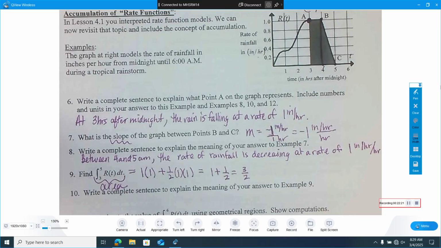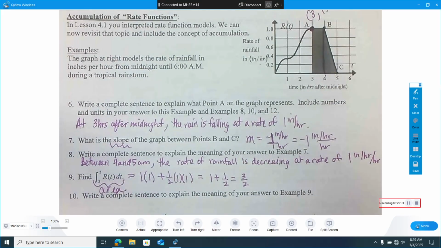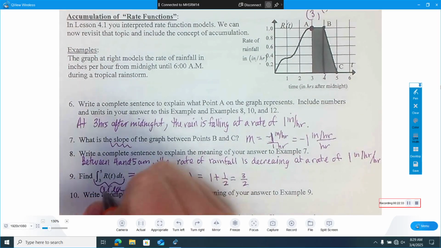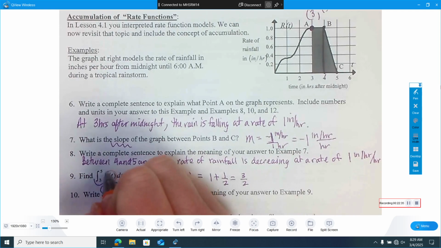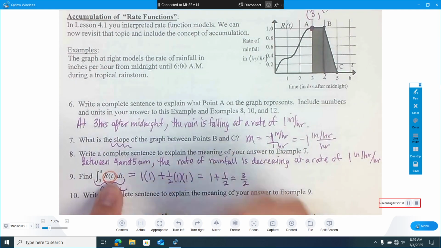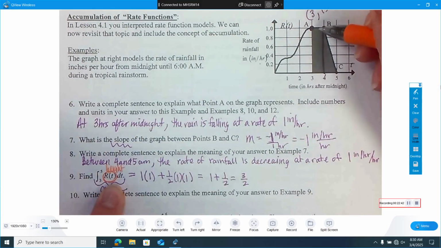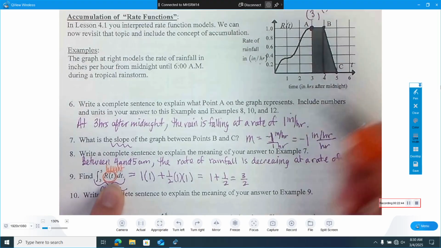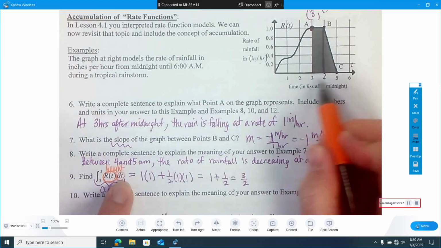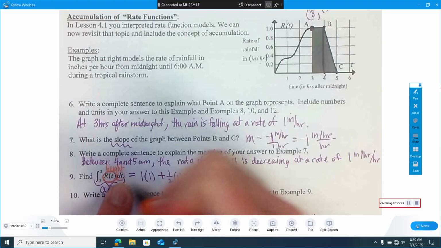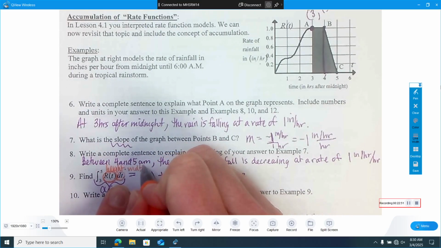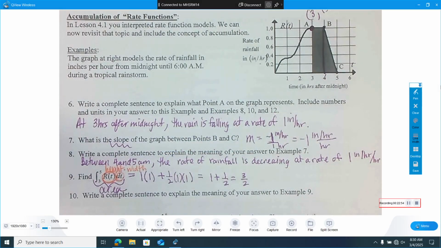So before I do number 10, I want to think about my units. And I really love this. And the more I teach calculus, the more I think it's just amazing. Again, this is area because R of t gives me my height. It gives me the height, my boundary of how tall my function is, right? And dt, the change in t, the change in time, gives me my width, okay? And that's how we get area, all right?